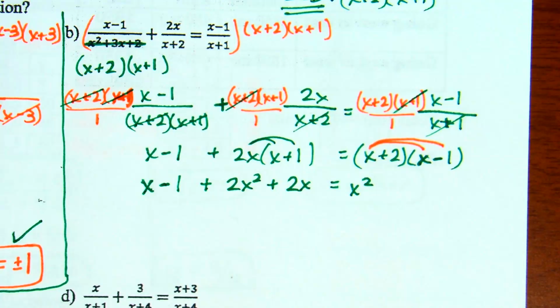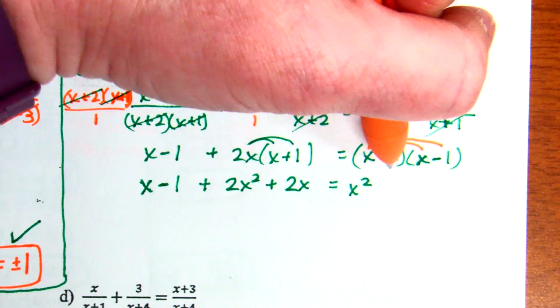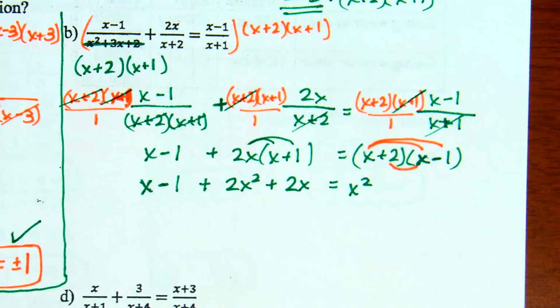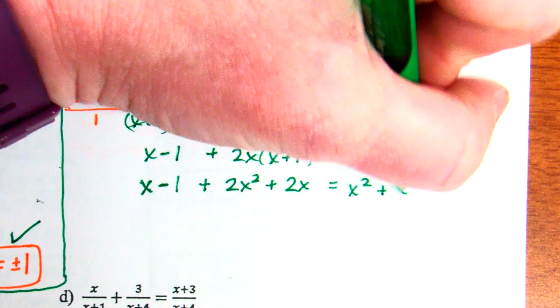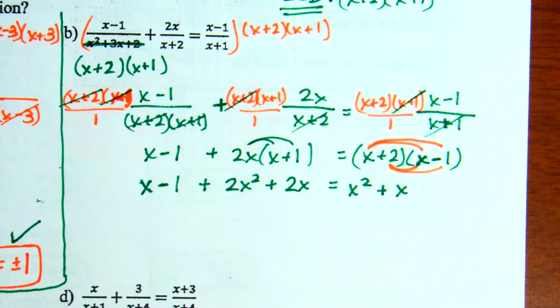Insides, 2 times x, which is 2x. What's minus 1x plus 2x? 1x, or x, yep. And lastly, 2 times minus 1, minus 2.